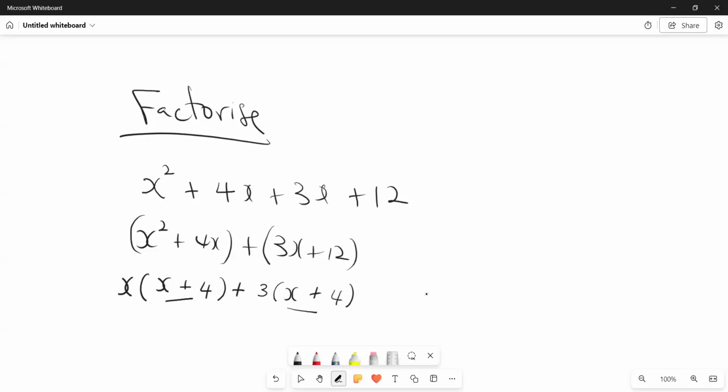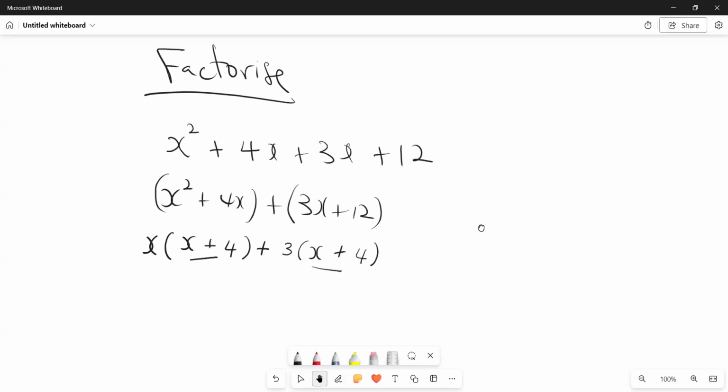So we can now pull that x plus 4 to the front. And what do we put in the next bracket? We put what's in front of x plus 4: x plus 3.